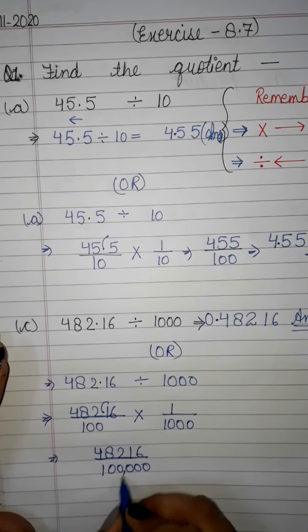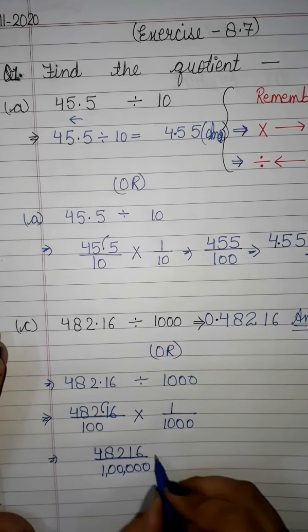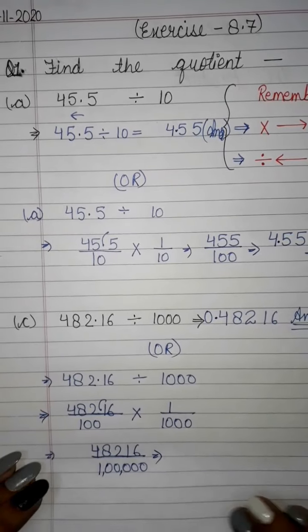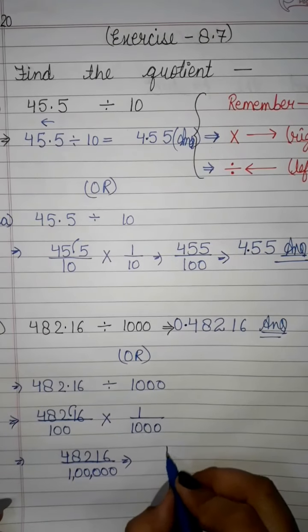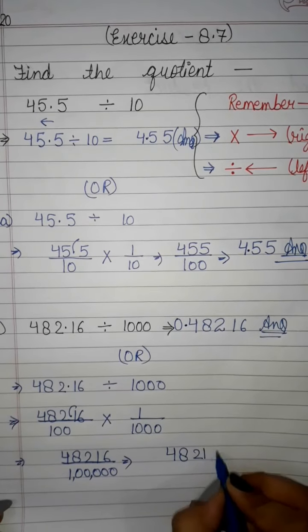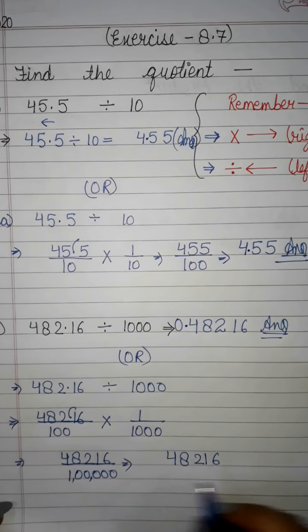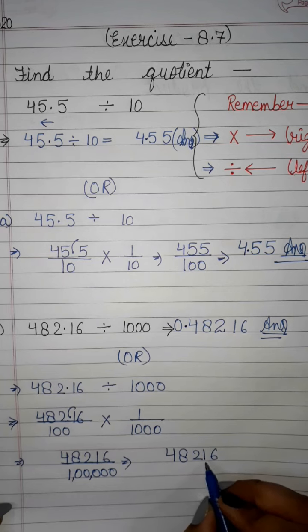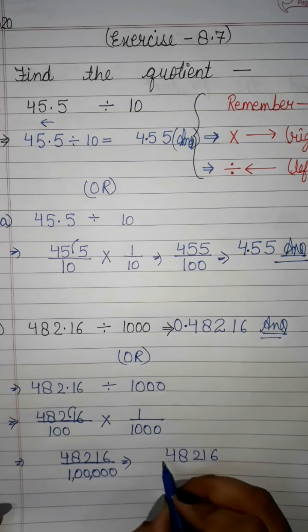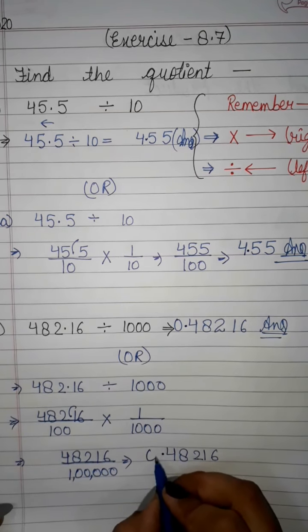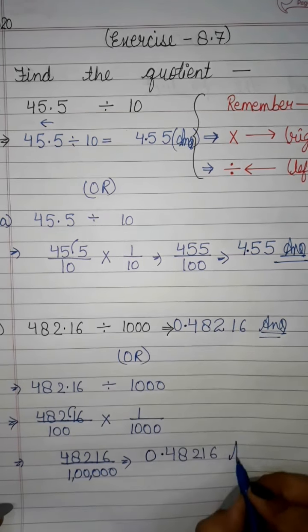That is 1 lakh. Now see, 5 zeros are there. You know how to do division of this. Write the number. Now count the number of zeros: 1, 2, 3, 4, 5. Now start counting from the right side: 1, 2, 3, 4 and 5. Now place the decimal. So this is the answer.